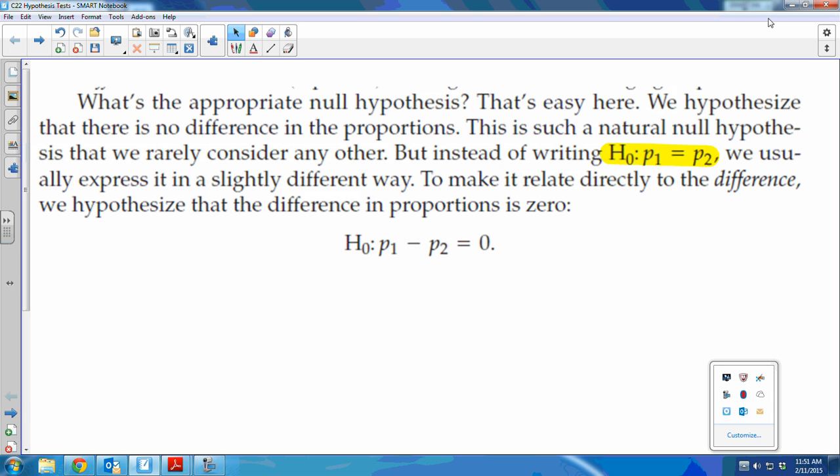We talked about this a little bit yesterday with confidence intervals. If what number was in our interval, did we say there was no evidence of something happening? 0, right? If 0 was in our interval yesterday, there was no evidence of something happening, because that means there's no change. There's no difference, right? So that's where we're going to start here with our null hypothesis.